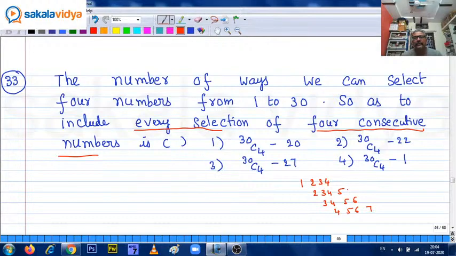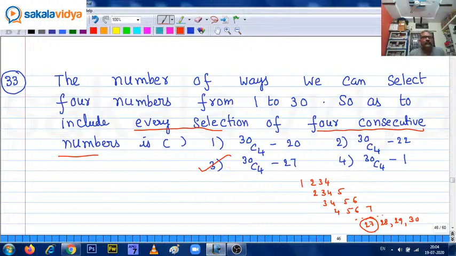In between 1 to 30 you will get many. The last one will be like this: 30, 29, 28, 27. There will be a start with 27. See, there will be 1, 2, 3, 4 up to 27. Out of 30C4, 27 selections will be four consecutive numbers. That's why we need to subtract 27. The third option is the right option.